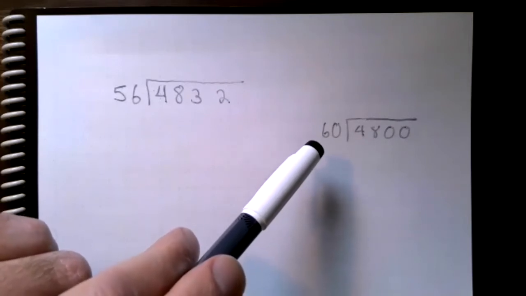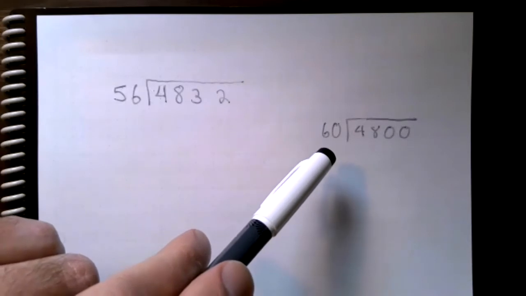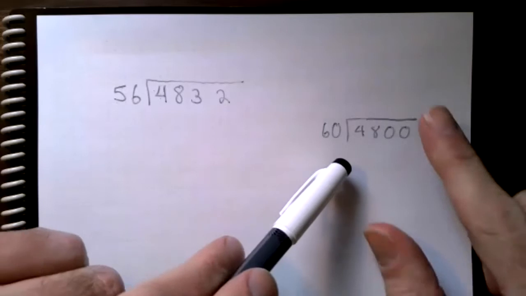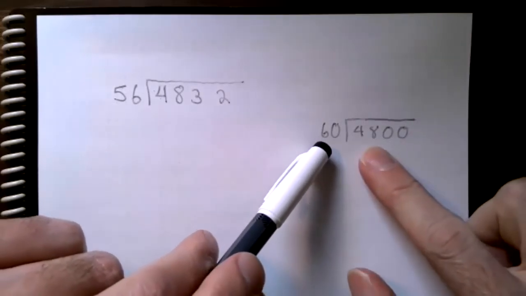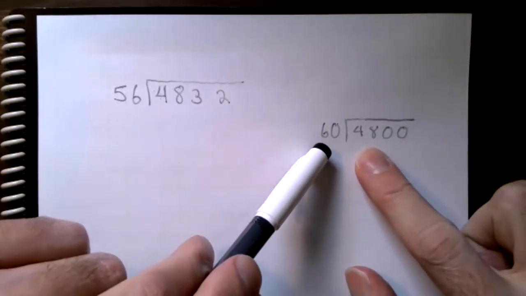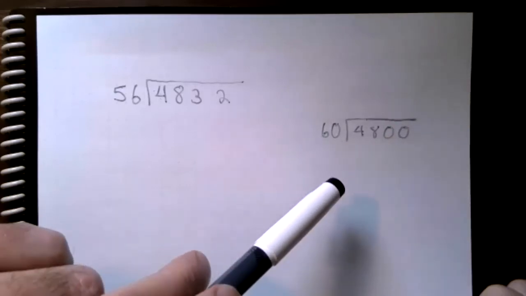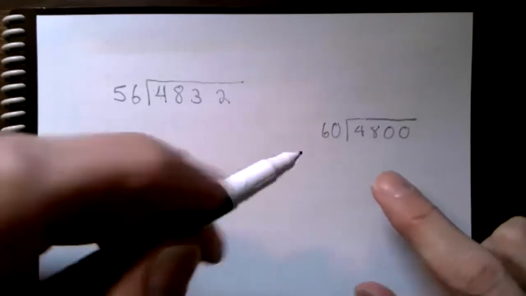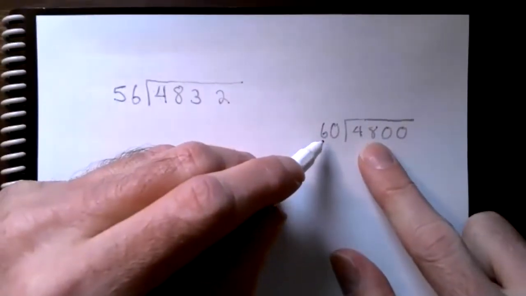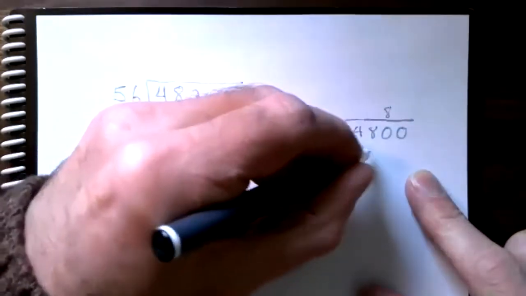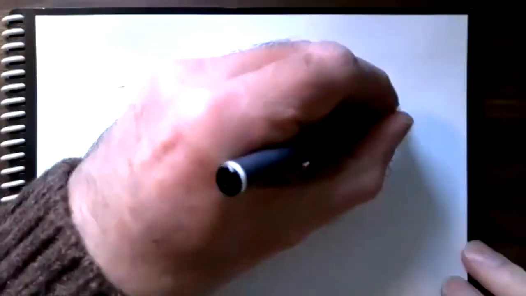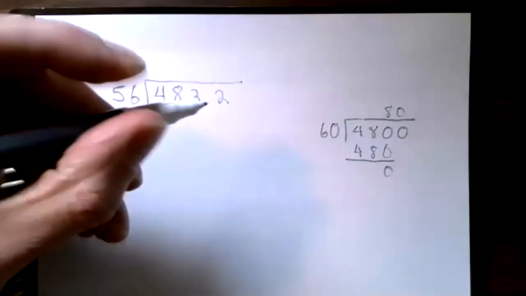I mean, we can, but the point is the zeros don't actually complicate the issue. What do I really need to focus on? I need to focus on the 6 and the 48. 6 into 48, how many do I get? 8. Okay? So 6 into 48 goes 8 times. 60 into 480, that also goes 8 times. Okay, now the division comes out even, so the answer is just 80.